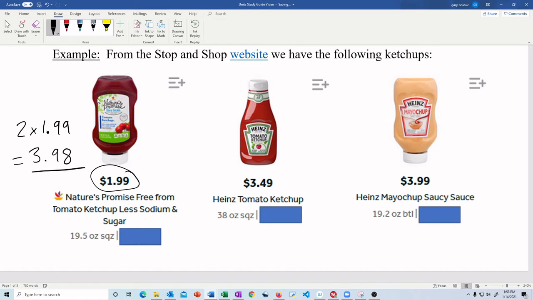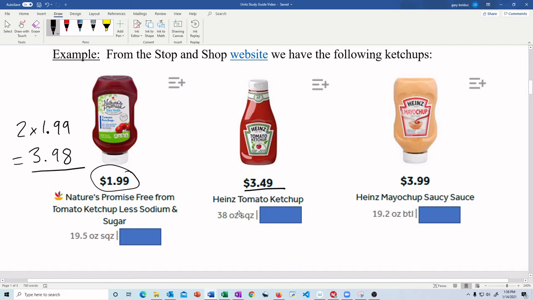Look at this. Compare these. This actually was about 50 cents more expensive for you to buy. Now, you might look at that and go, well, I got a little bit more ketchup. That's true, but not very much more, right? You only got 1 ounce more for 50 more cents. That's not a good deal.